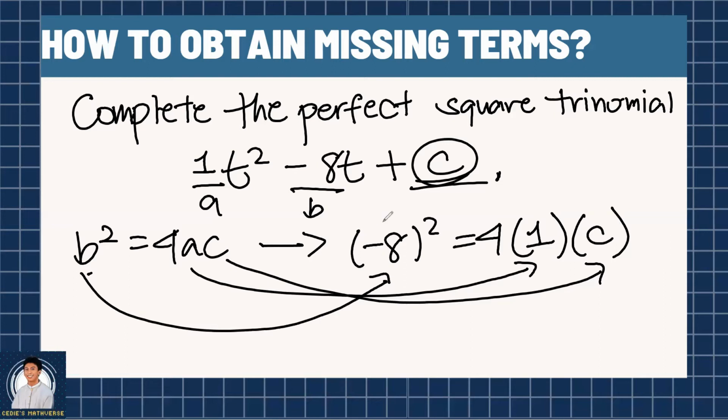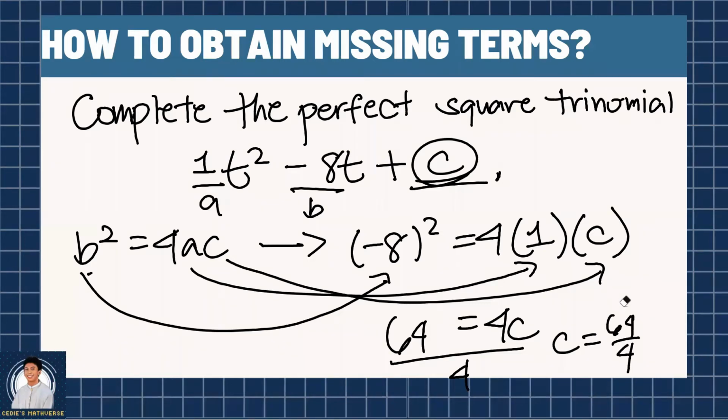So we have negative 8 quantity squared, which means that this is 64 equals 4 times 1 is 4 times c is 4c. Finally, dividing both sides by 4 gives us c equals 64 over 4, which when simplified is 16.